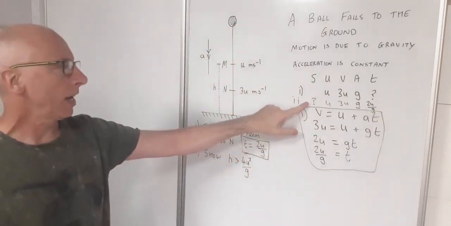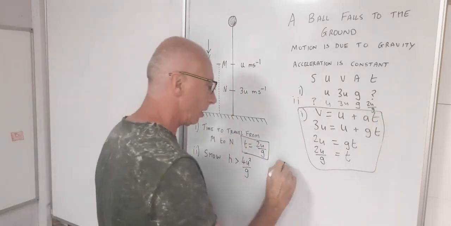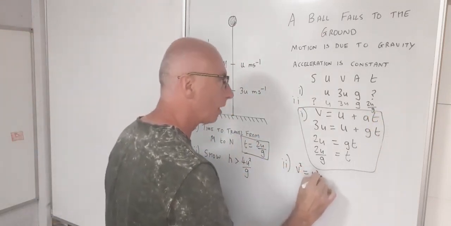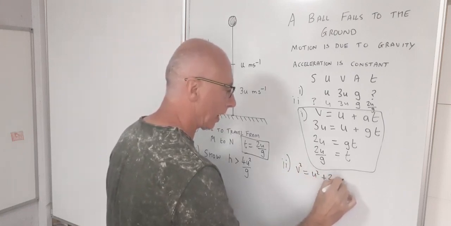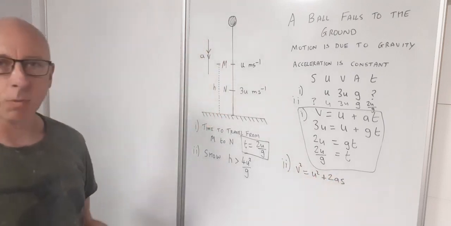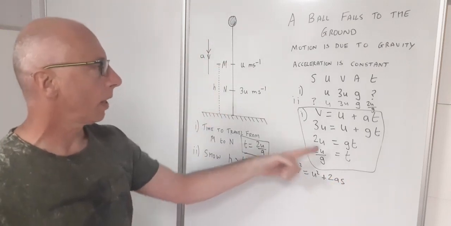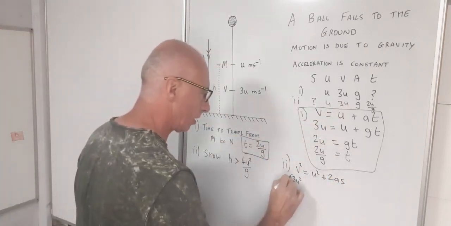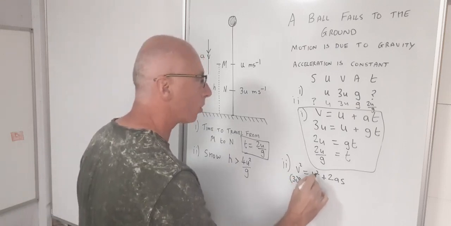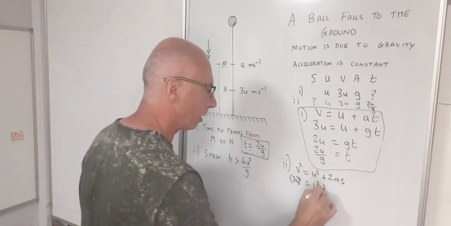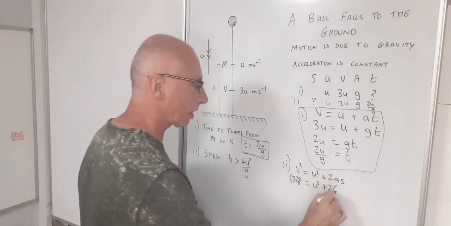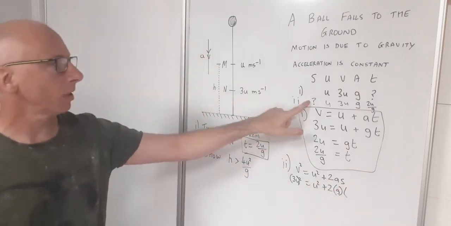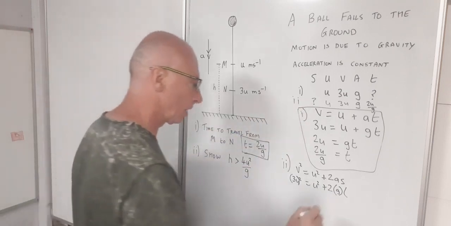So for part 2 we can use the SUVAT equation v squared equals u squared plus 2as. Let's work with that. So v squared is 3u squared, and that equals u squared, which is just u squared, plus 2 times acceleration, which is g, times the displacement, which we need to find out.